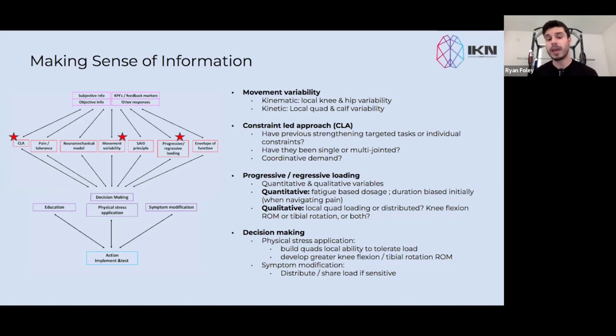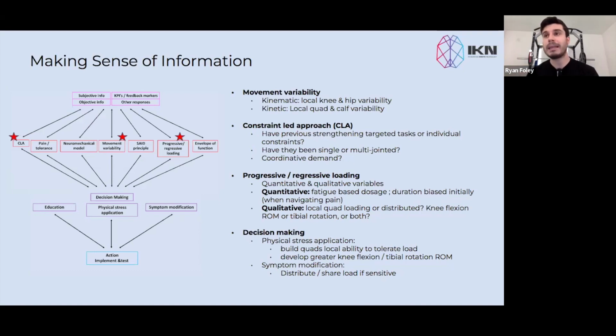From a symptom modification standpoint, so this is a separate category, this involves doing things with the intention of influencing their symptoms. Okay, so when we're applying physical stress to the system, this is more so based on the objective limitations that we encountered during the assessment. So they can't tolerate load well through the quads.